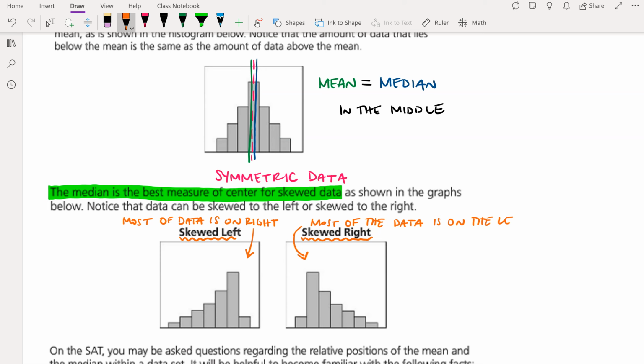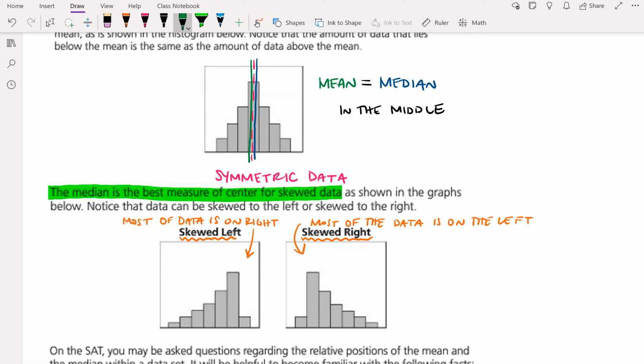So this is important to understand and recognize because sometimes questions may ask you which direction the data is skewed. Now, like before, where we drew our mean and median bars up here, it's important to know where the mean and the median are on skewed data. So let me draw this in. The mean was green, right?